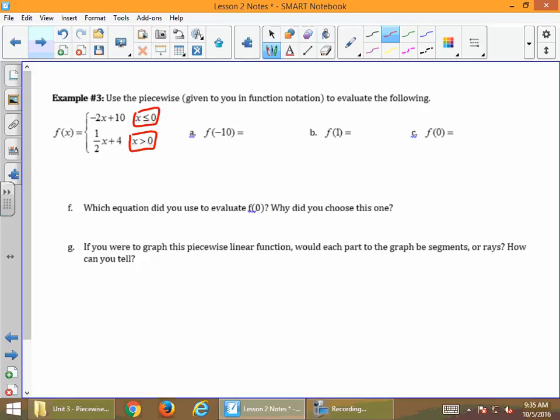The top. Yeah, good. Your domain is saying we can plug in any x value that's smaller than 0 into the top equation. Is negative 10 smaller than 0? Yep. We're going to plug it into the top equation. What do we get when we plug in negative 10? 30.